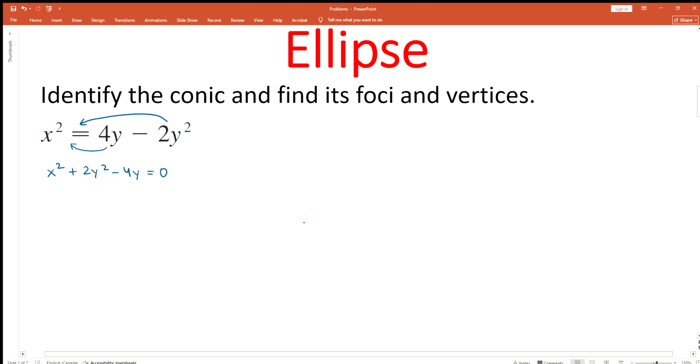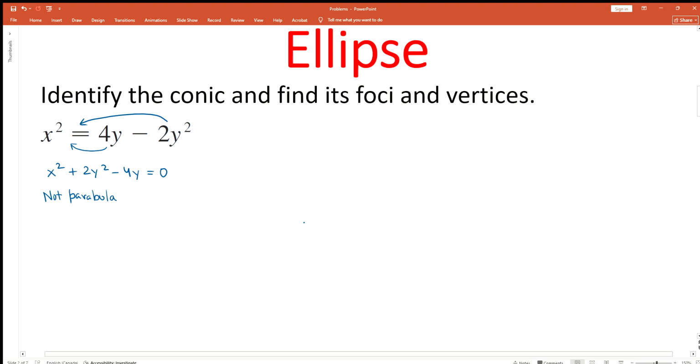In this equation, as you can see, there is a square on both x and y. So this equation does not represent a parabola. Also, we can see that both x squared and y squared terms are positive.